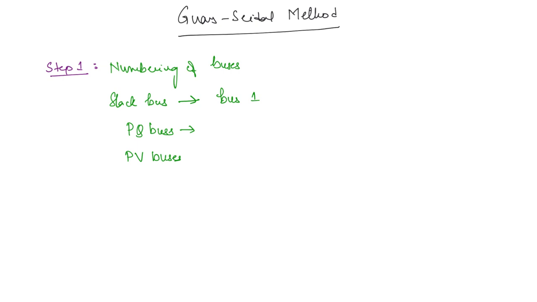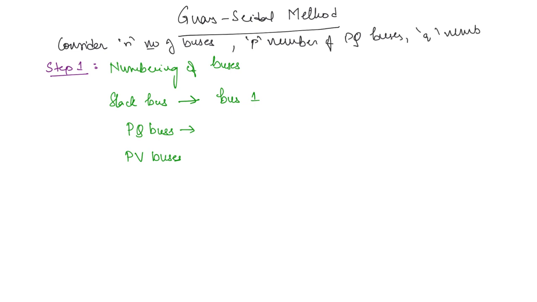For example, consider n total number of buses, p number of PQ buses, that means out of n buses, p are PQ, and q number of the n buses are PV buses.